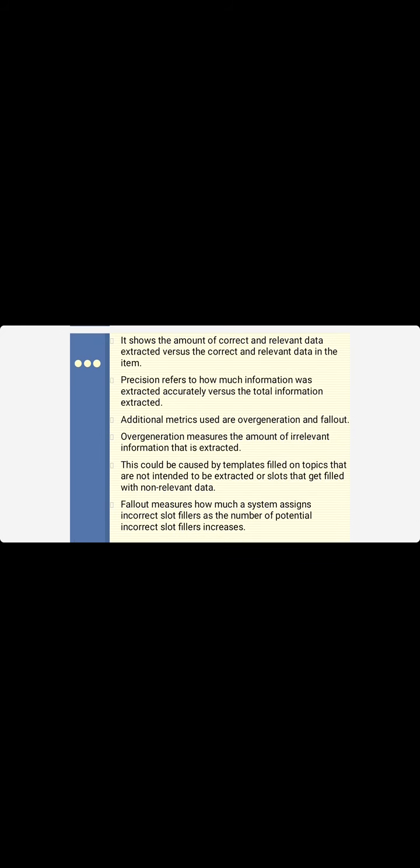Check what you have extracted and what should be extracted. It shows the amount of correct and relevant data extracted, how much data is correct, and what is relevant and irrelevant.